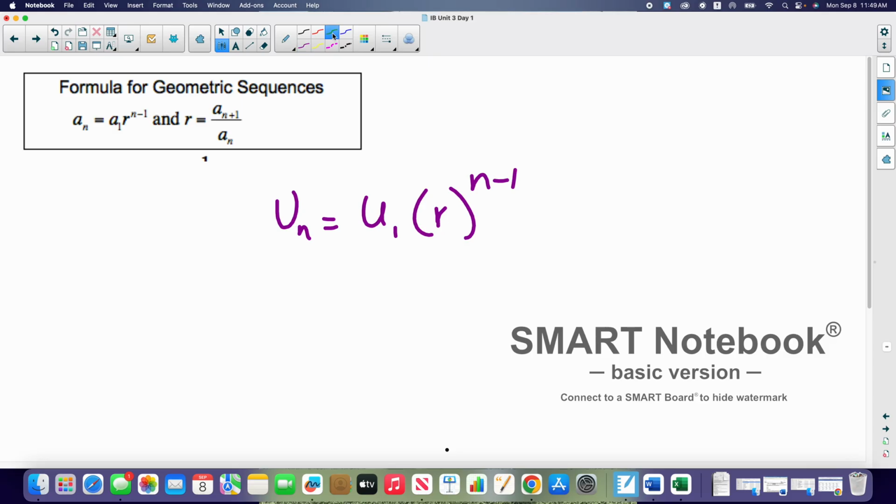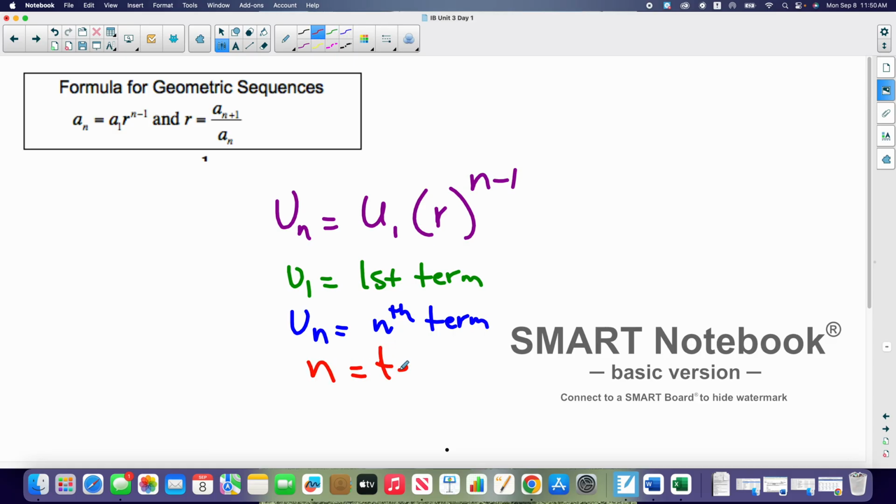And if we look through it, U1 is still my first term. Un is still my nth term. n is still my term number.